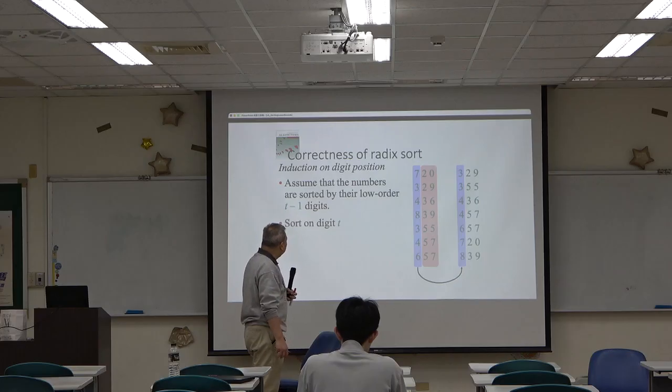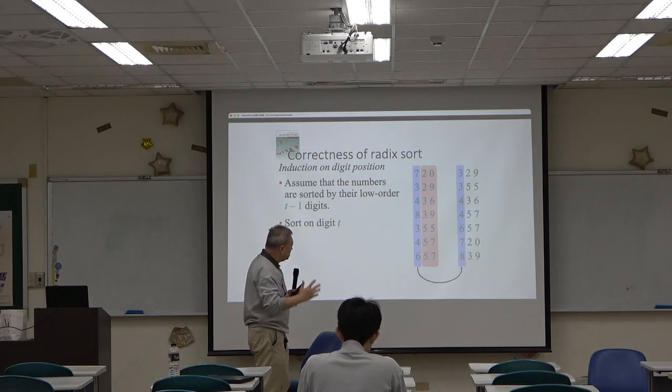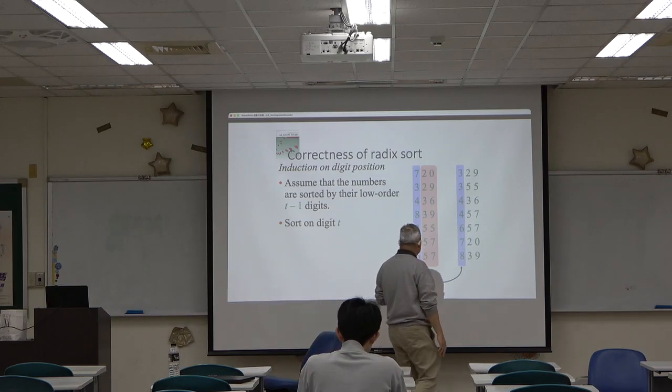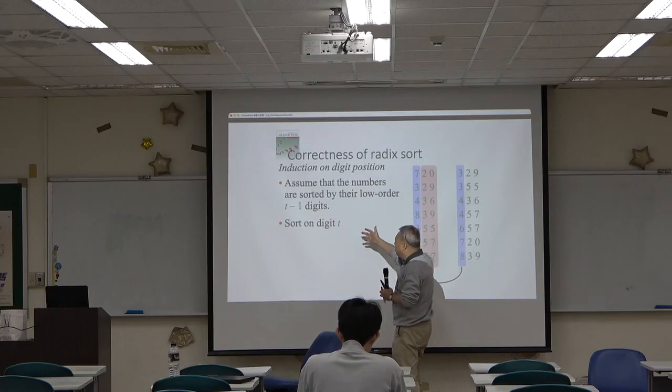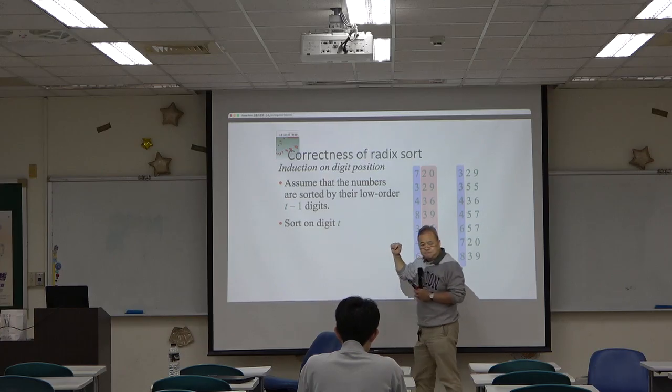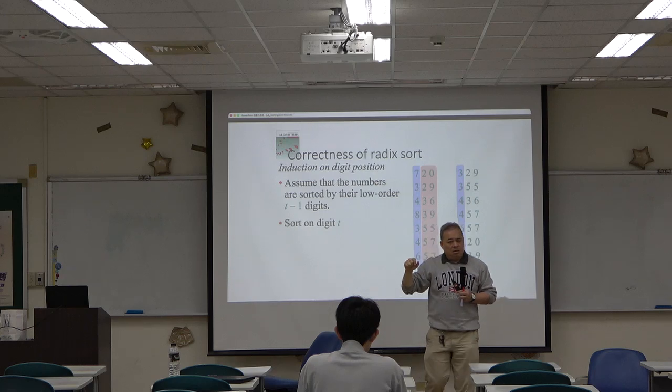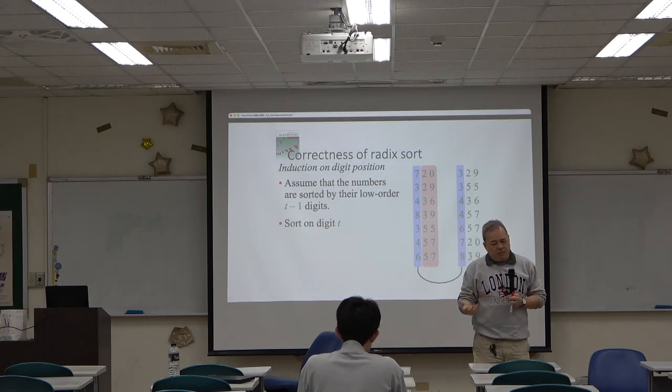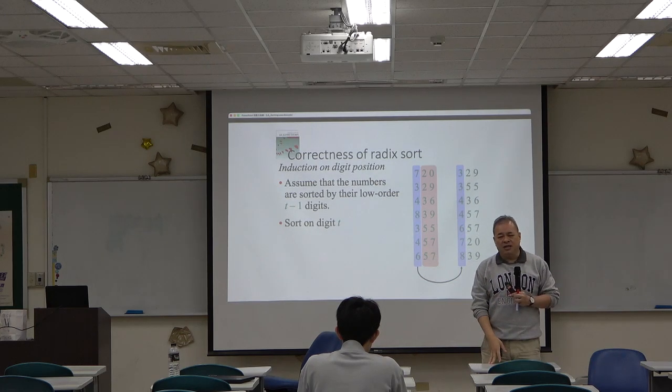So assume the numbers are already sorted by their low-order t minus 1 digits. Now we sort on digit t. Maybe you will argue, how about the base case?